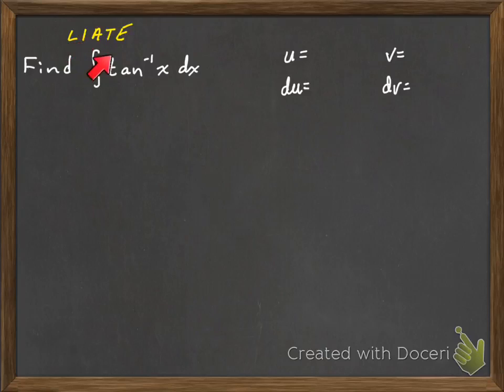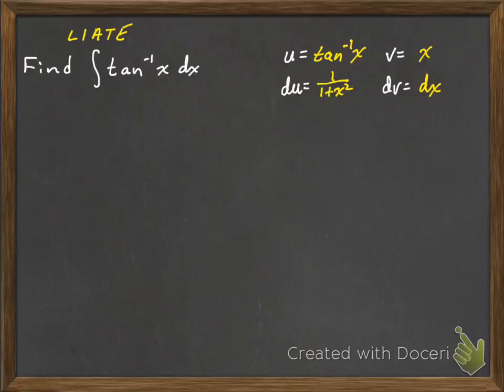So that means our u value is going to be tangent inverse of x, which means dv is going to be dx. Completing our table over here, the antiderivative of dx is just x, and the derivative of tangent inverse of x is going to be 1 over 1 plus x squared.